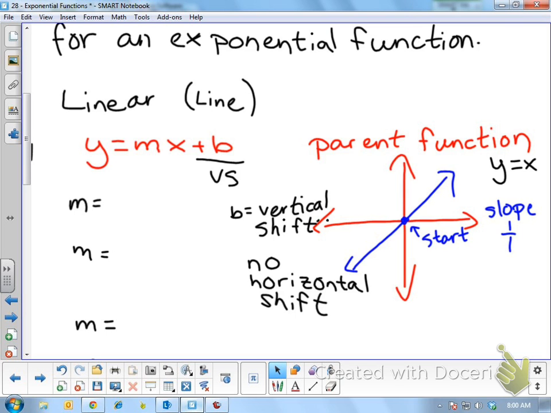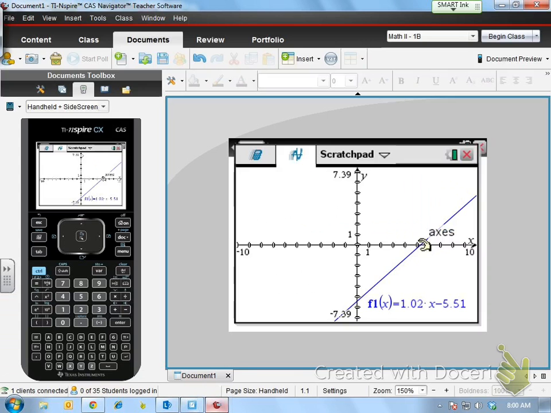So next, let's see what happens when we change our slope. This time we're going to graph a couple of lines if my software will allow me to. It's kind of freaking out when I try and graph something else. So, we want our line back in the center, which means I want to change this back to just plain old x.